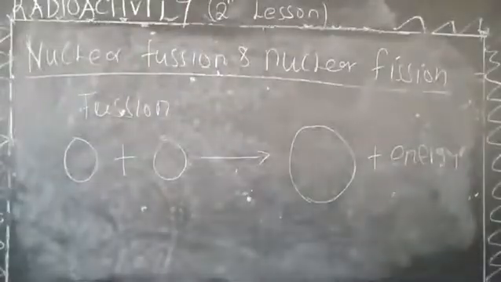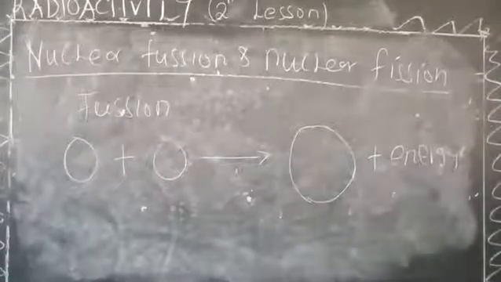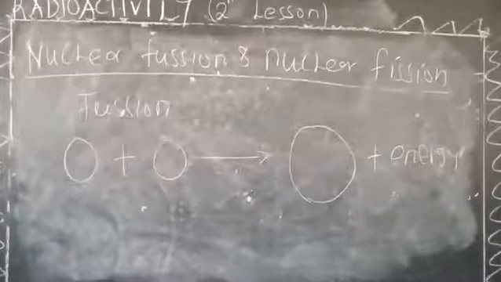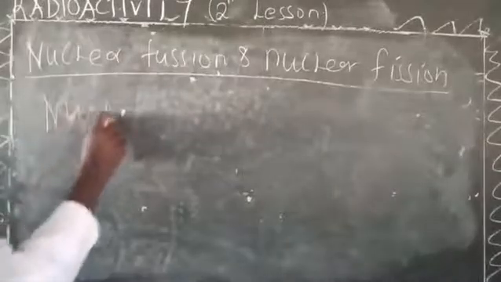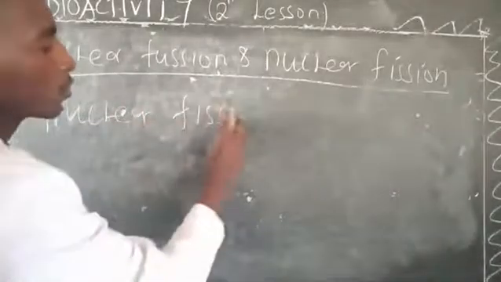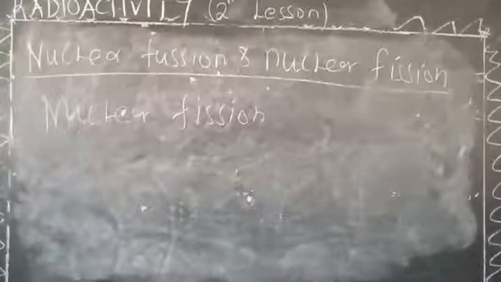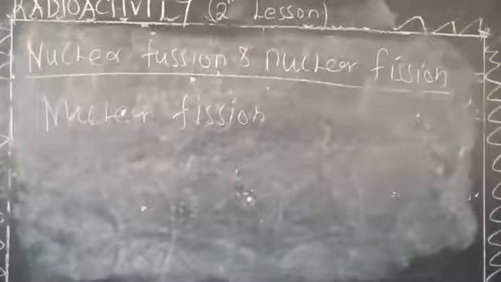In this case, we say that is a type of nuclear reaction that we are calling nuclear fusion. On the other end, we can have nuclear fission, which is a nuclear reaction in which the nucleus of an atom is bombarded with a low energy neutron, which splits the nucleus into smaller nuclei.